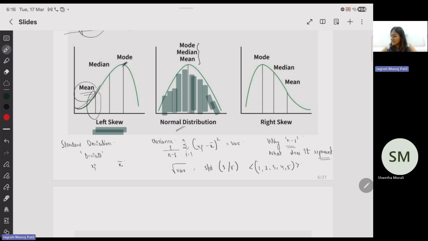Once I've taken the average, if I divide by 5, the indexing goes as 0, 1, 2, 3, and 4. So it's not that the last one is the fourth index, that's why I do n minus 1. That is because this term is something which we call degree of freedom.